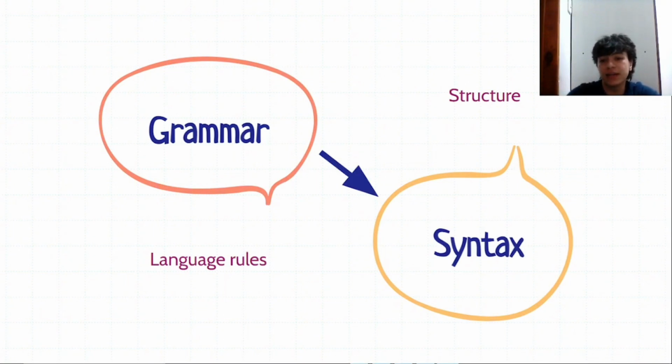A grammar mistake might be using a verb incorrectly, but a syntax mistake might be placing words in the wrong order, as we could see in the examples.